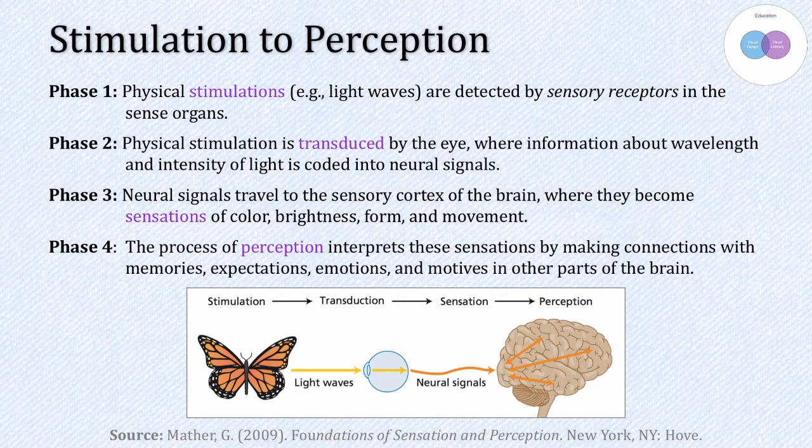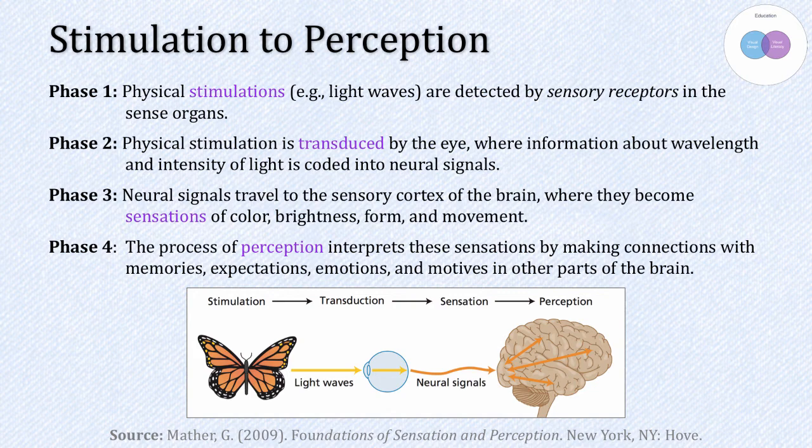In the third phase, this neural activity travels to the visual cortex, an important part of the brain where the information becomes sensations of color, brightness, form, and movement. The visual cortex is fascinating because it manages to take the two-dimensional patterns from each eye and assemble them into our three-dimensional world.